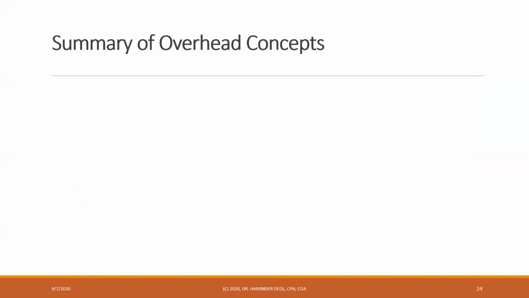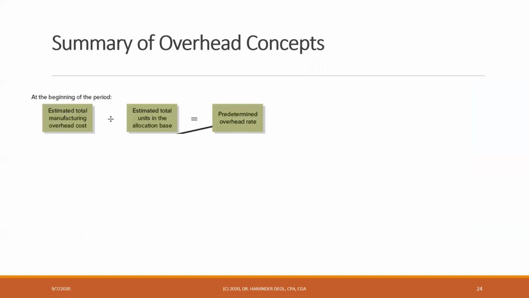Let's take a look at a summary of the overhead concepts. So at the beginning of the period, we calculate the predetermined overhead rate by dividing the total estimated manufacturing overhead by the total estimated units in the allocation base. Remember, the allocation base may be direct labor hours, maybe machine hours, maybe whatever.